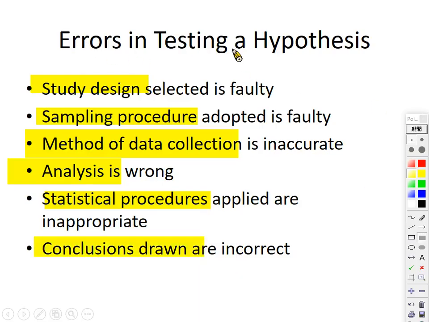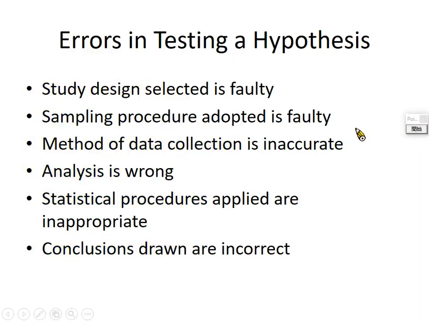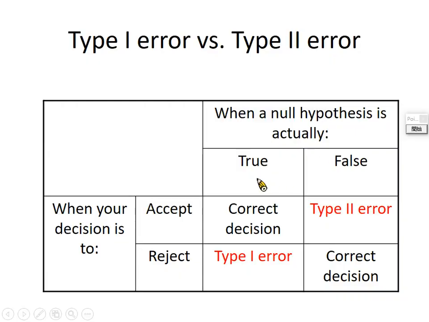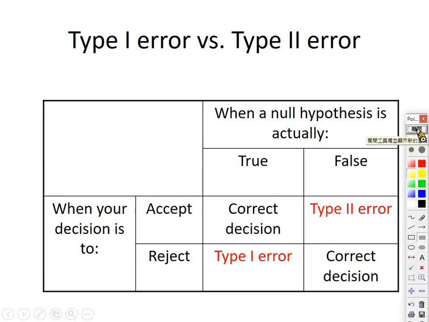So remember this: when we test a hypothesis, we have to be very careful on every step of the testing. Eventually, when we make our decision, always keep in mind that our decision is not final. Why? Because we are very likely to commit error, right? There are 2 possibilities of errors. One is when the null hypothesis is actually true, you reject it: you commit type 1 error.